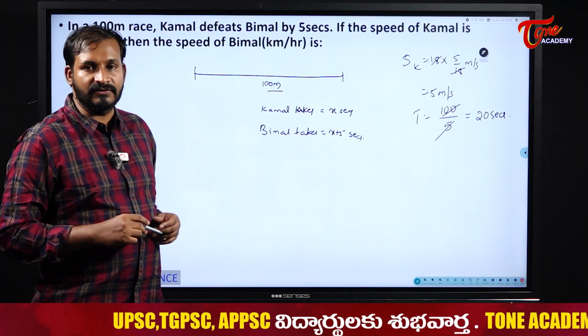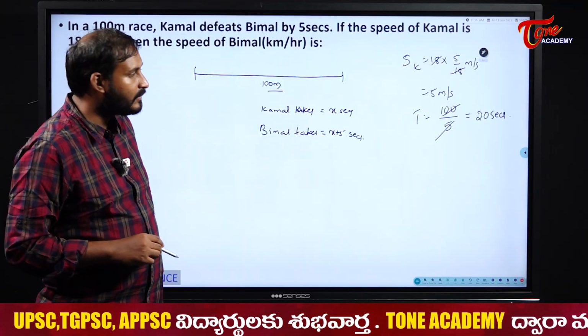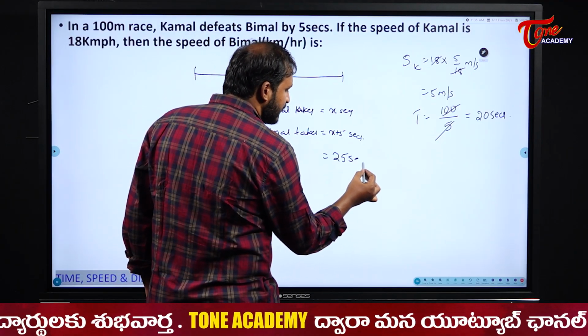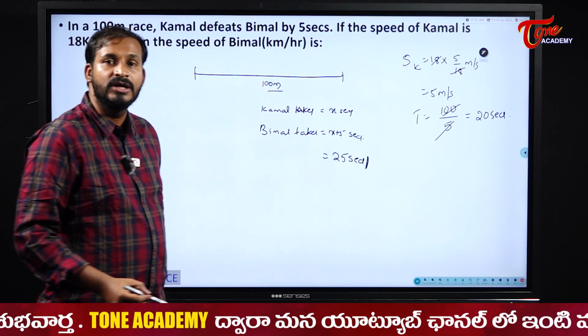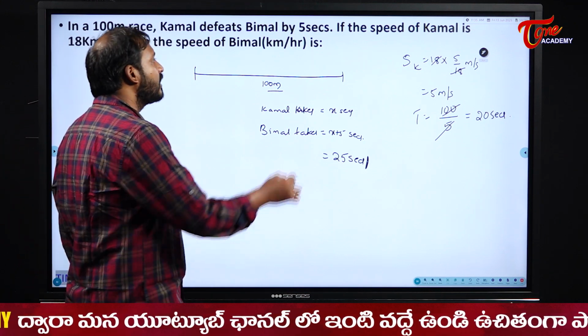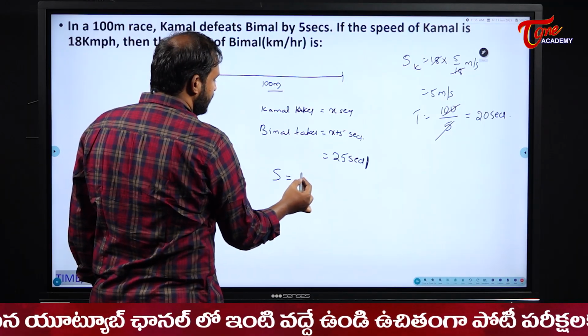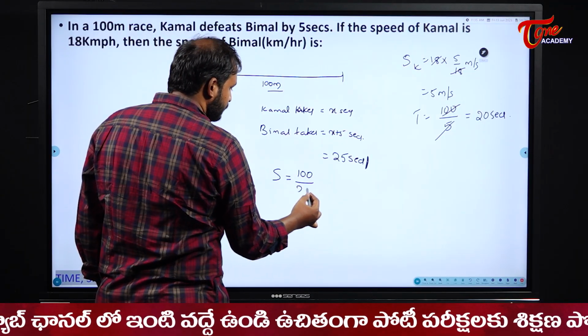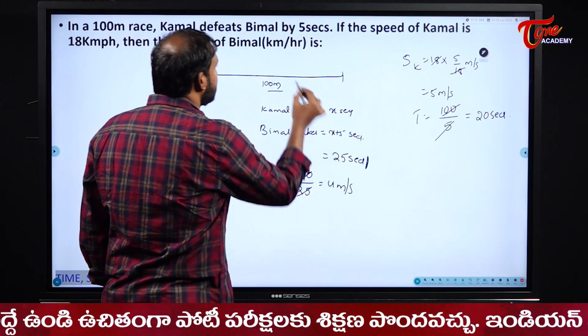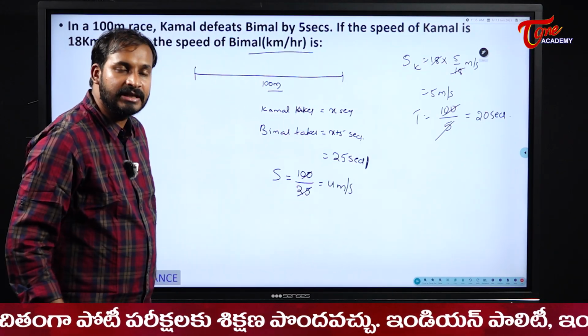If Kamal takes 20 seconds, what about Bimal? Bimal will take 25 seconds to finish the race here. Now, his speed is distance by time. His speed will become 4 meters per second. But in the question they clearly mention that we want it in kilometers per hour.